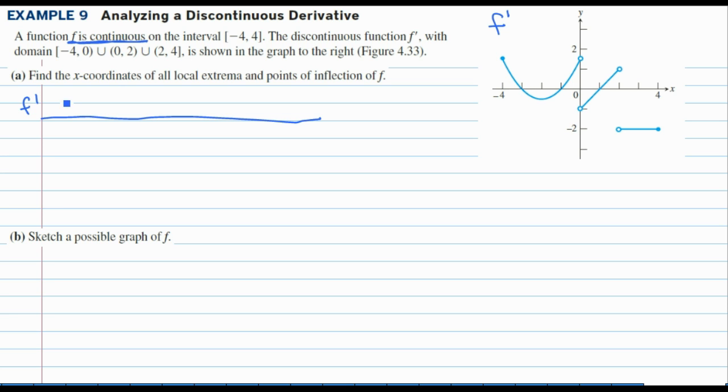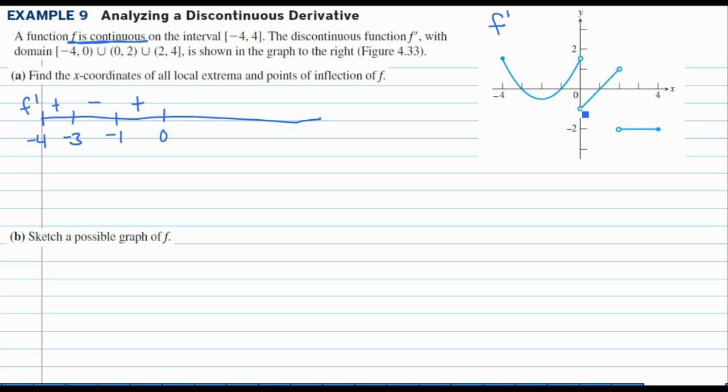So we start at -4, then from -4 to -3, f prime is positive. From -3 to -1, f prime is negative. From -1 to 0, f prime is positive.